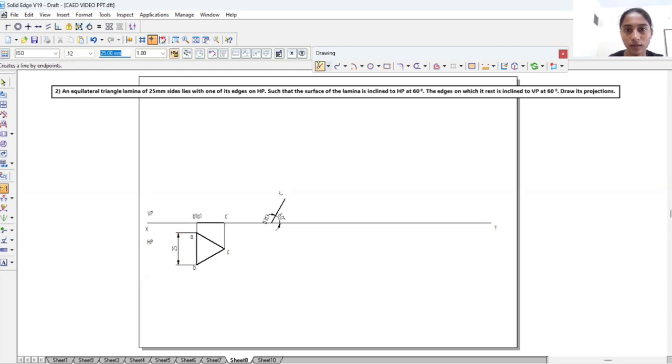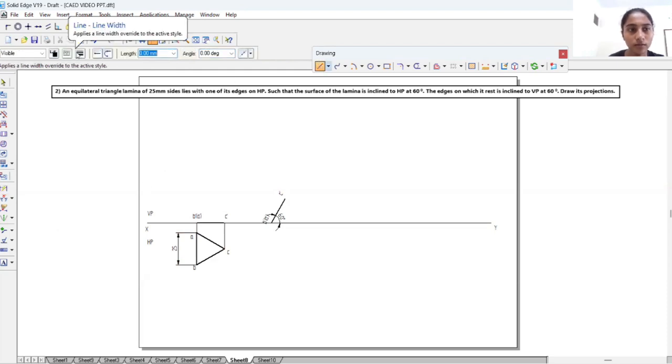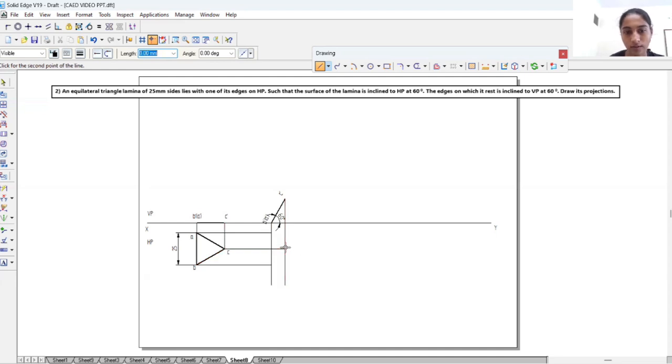Now we will take a line of 0.13 mm thickness and extend this C dash downwards and this B dash, A dash downwards. And from here we will extend A dash, B dash, A, B to this line, and this B also we will extend up to this line, and we will extend this C up to this line.